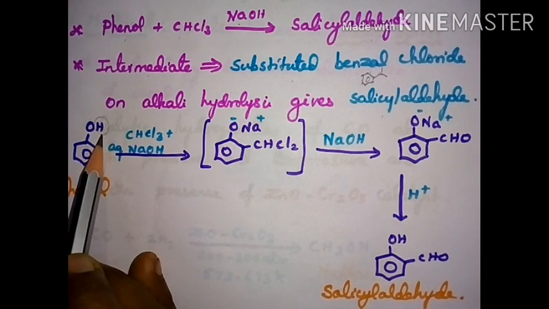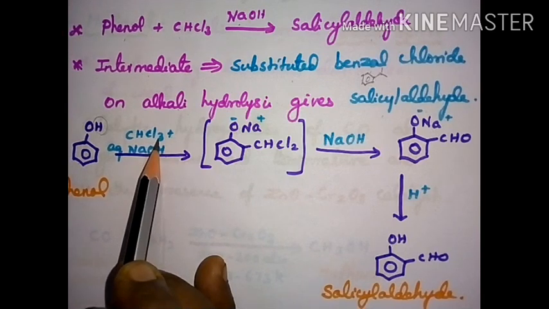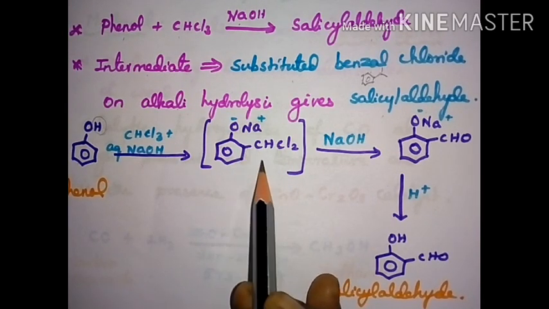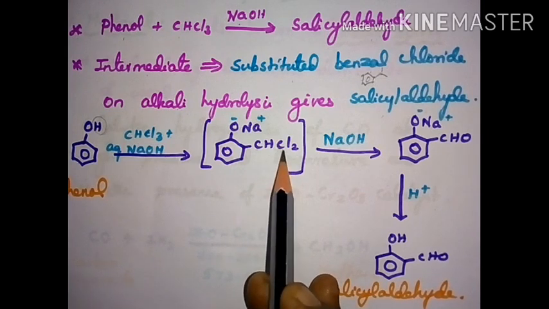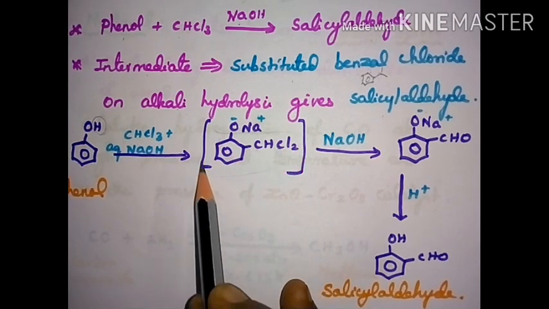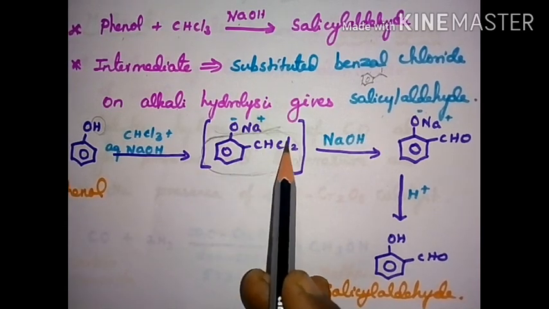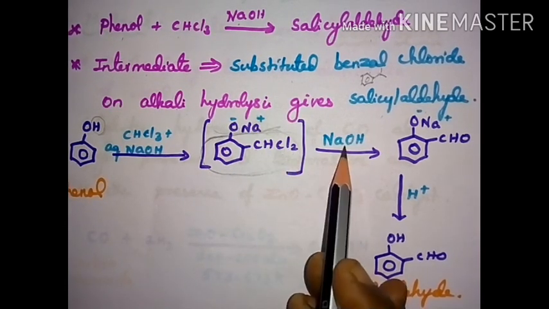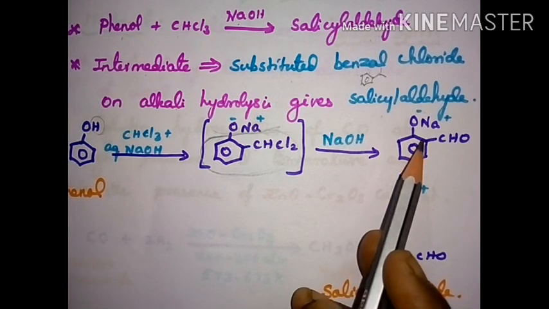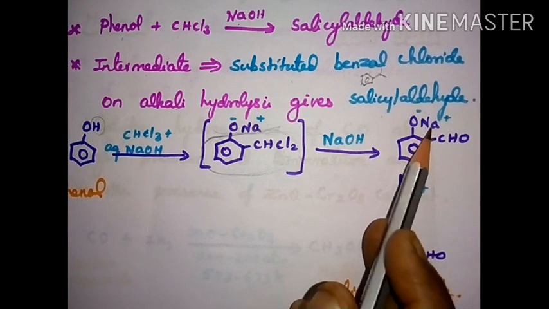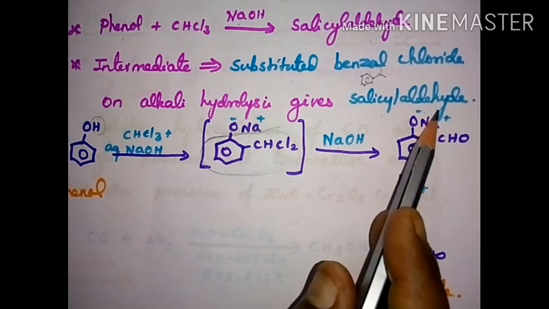Alkali means it has a tendency to form Na here. Chloroform, CHCl3. Here one H is there, no? Replace that. So CHCl2. This group is called benzal. Then with NaOH, what happens? This is called sodium phenoxide.